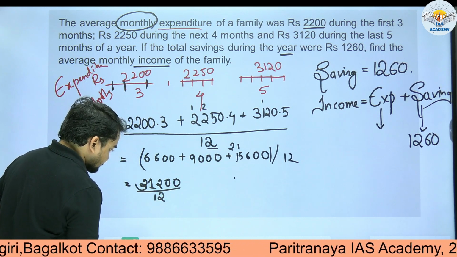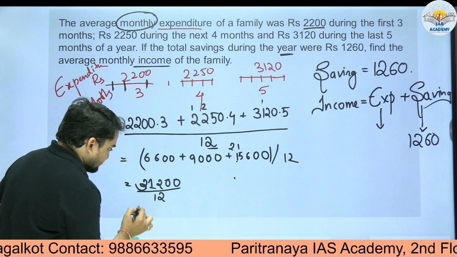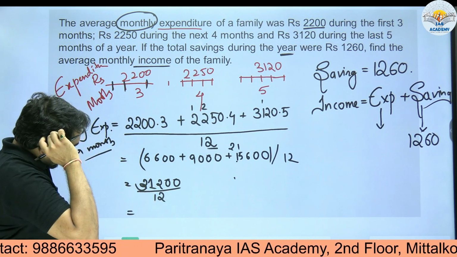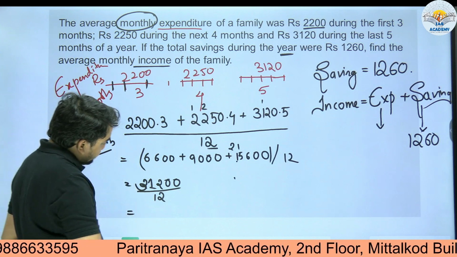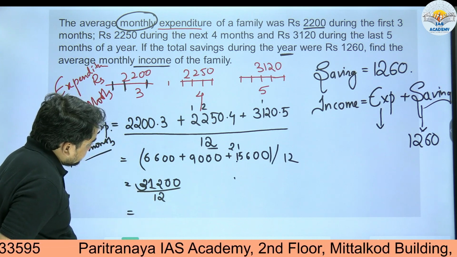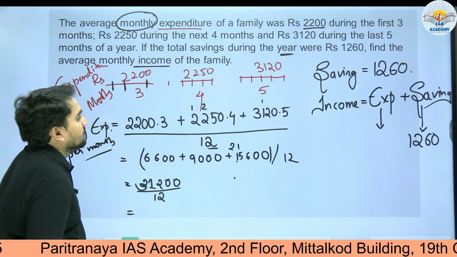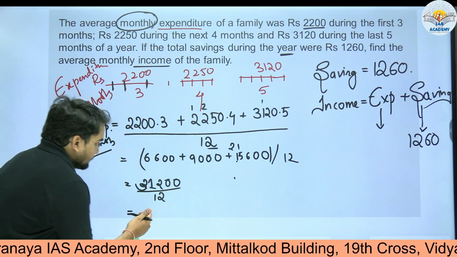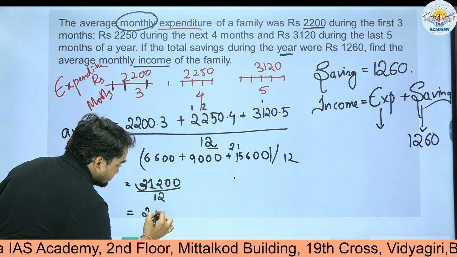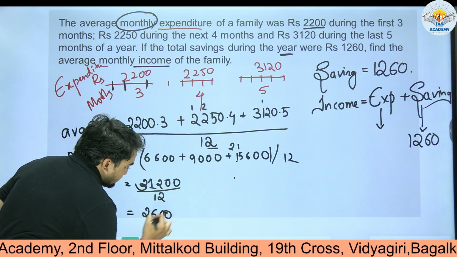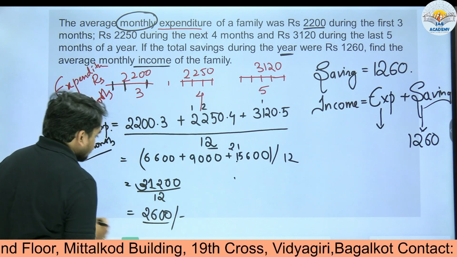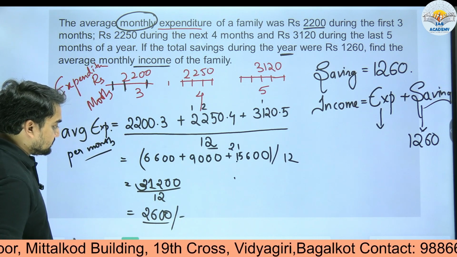So that means 31200 divided by 12. 12 2s are 24, 12 8s are 72, 12 6s are 72. It is directly divisible. Per month it is expenditure, average expenditure per month.